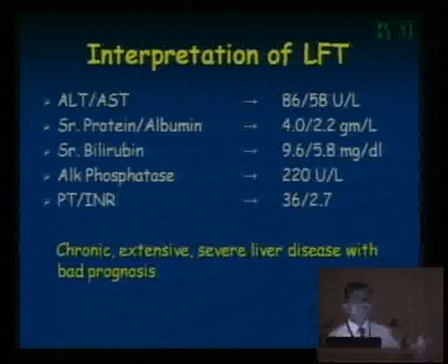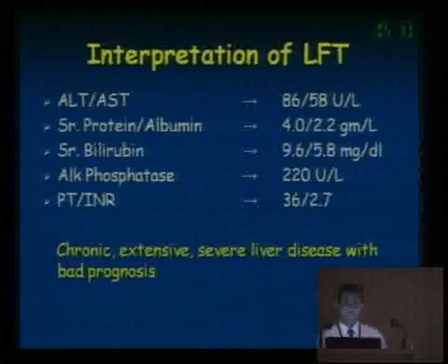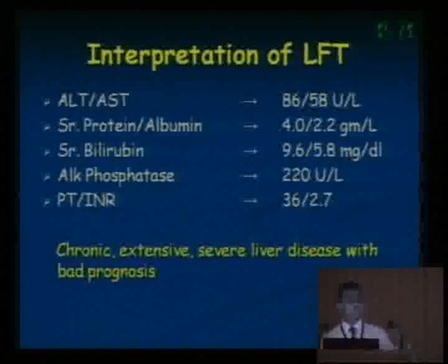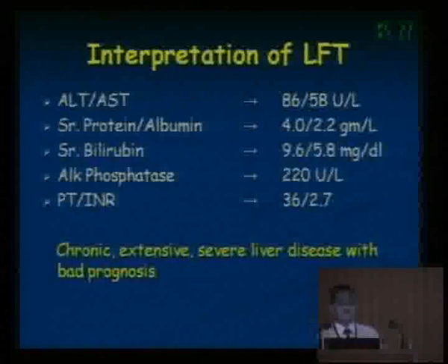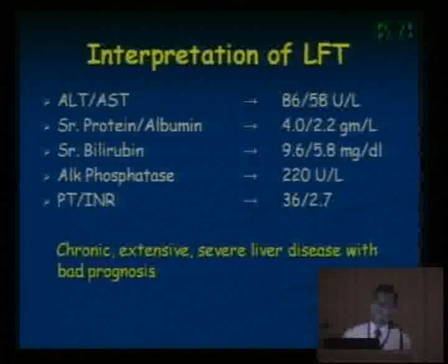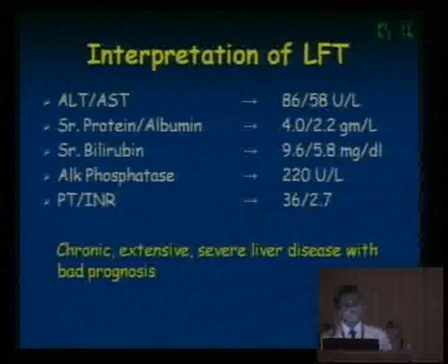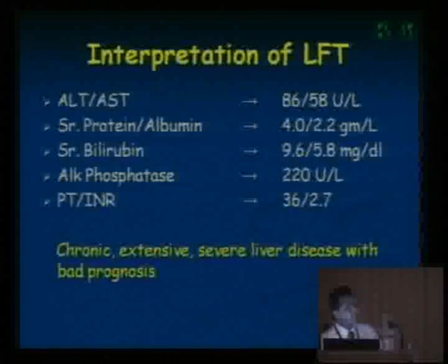This is a simple clinical interpretation. It's a chronic, extensive, severe liver disease with bad prognosis. That's it. By looking at the LFT, this is the interpretation. Once we reach this clinical interpretation, then go in that direction to diagnose the etiology of the disease. Go into chronic disorders.